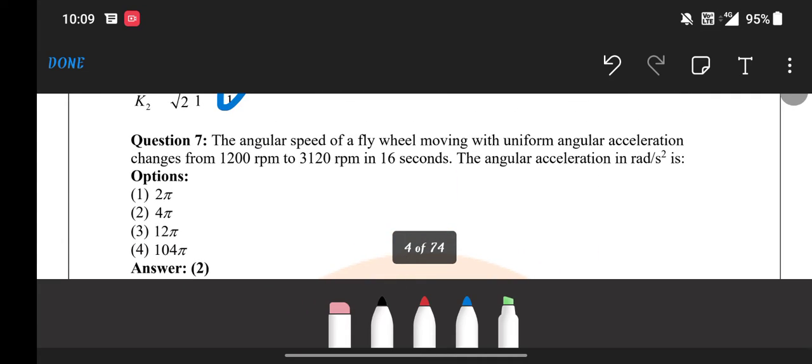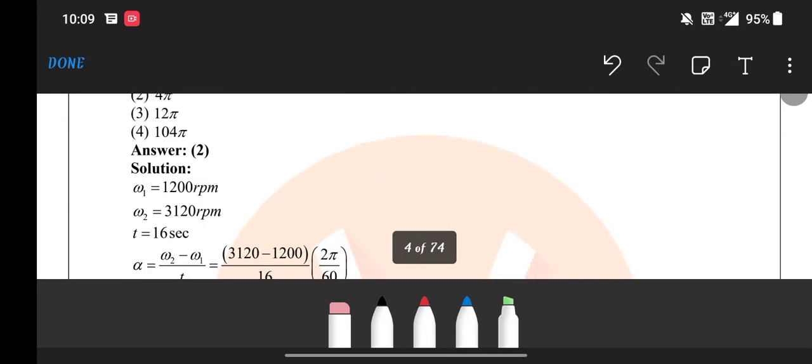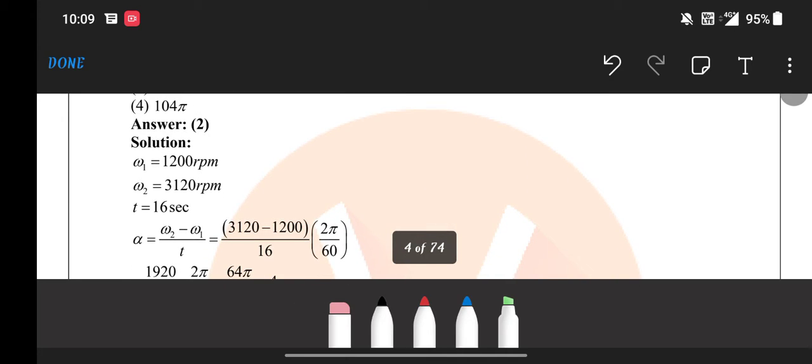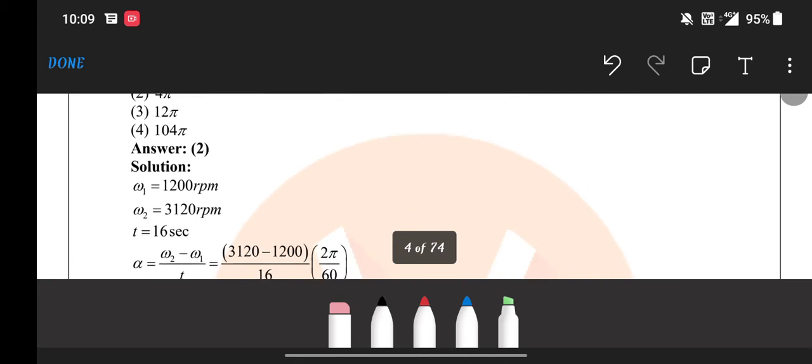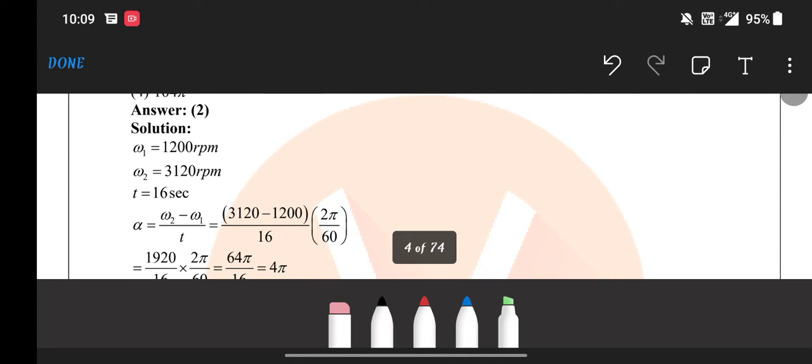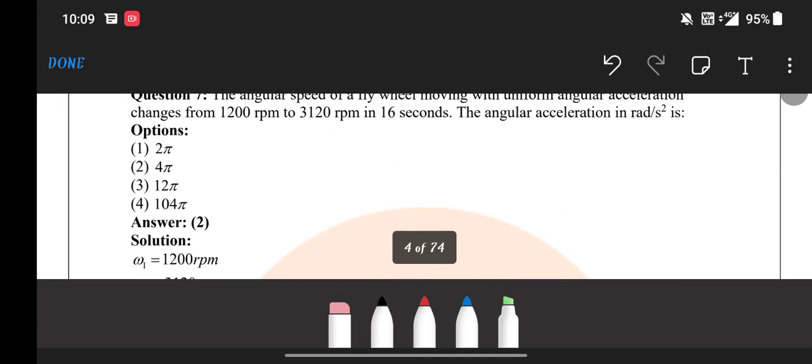W2 is 3120 rpm. T they have given is 16 seconds. So the formula is angular acceleration is equal to W2 minus W1 by T. So therefore W2 that they have given is 3120 minus 1200 divided by 16 into 2 pi by 60 seconds, right?